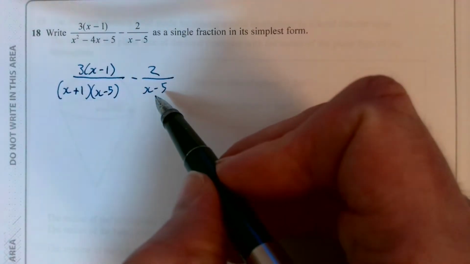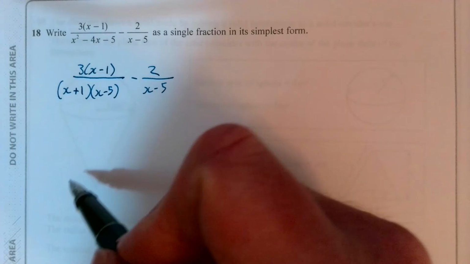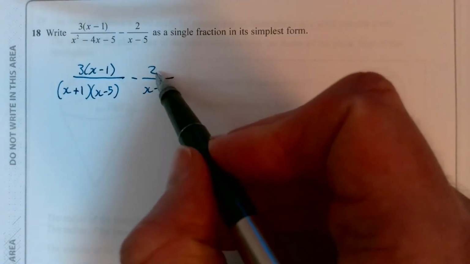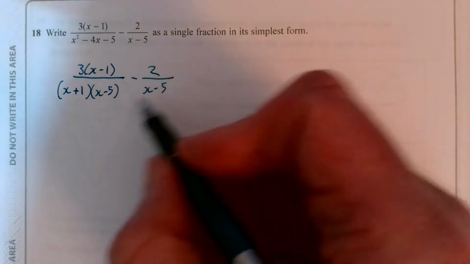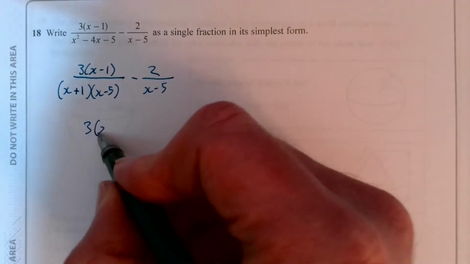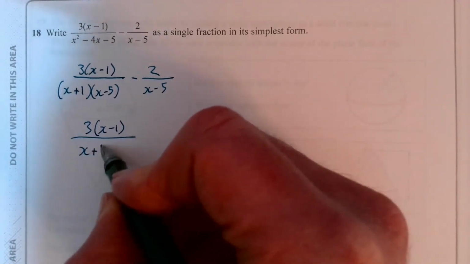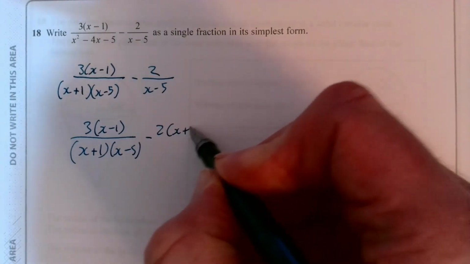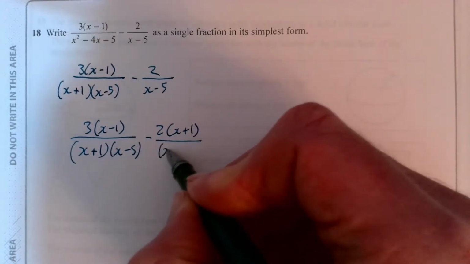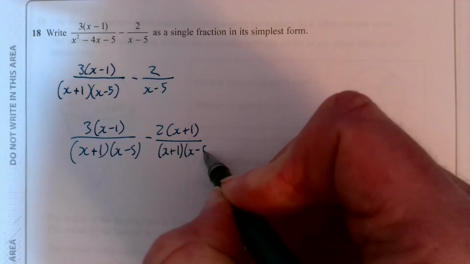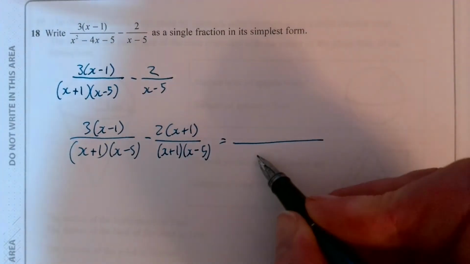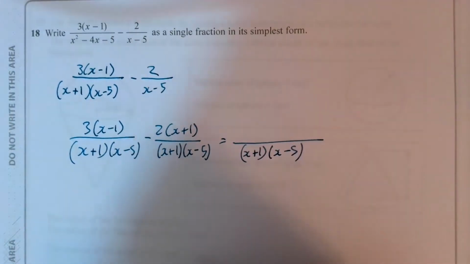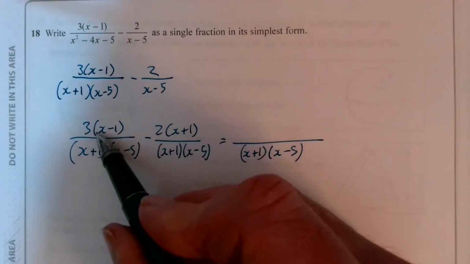Now, in order to take this fraction from that, the denominator needs to be the same, which means we could get the same common one if I multiply top and bottom of this fraction by x plus 1. So I'm just going to write that all out now. x plus 1, x take 5, minus 2 times x plus 1, over x plus 1, x take 5. So that is going to give us, with x plus 1, x take 5 on the bottom, 3x minus 1.